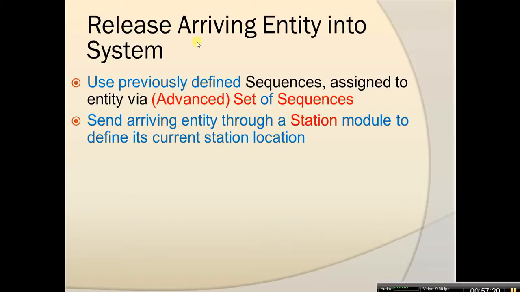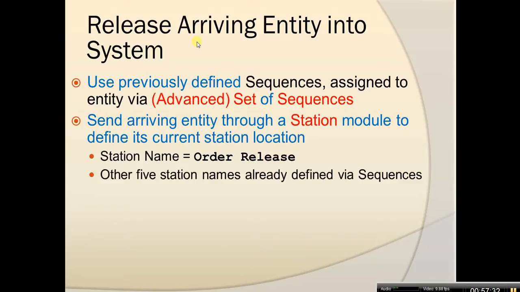Now we can send the arriving entity through a station module to define its current station location. The station name will be order release, and then we'll have other 5 station names that we're going to define through different stations, and then we add that into a sequence because, as you remember, we haven't added our sequences yet.